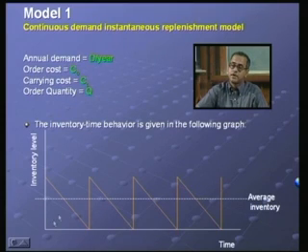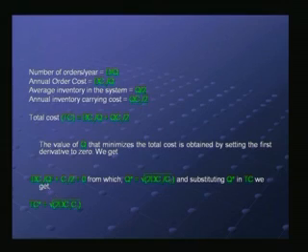We can also look at it as if the cycle begins with the quantity Q, ends with the quantity 0. So, average inventory in a system like this will be beginning inventory plus ending inventory by 2, which is Q plus 0 by 2, which is Q by 2. So, the average inventory in the system is Q by 2.